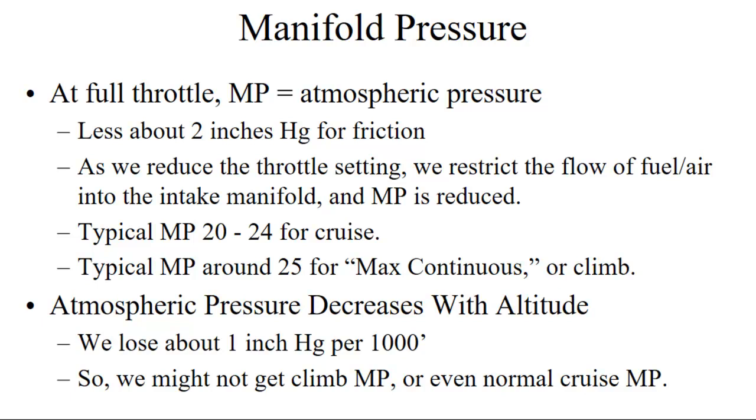For instance, if we went with this 25 inches of manifold pressure, then we're probably only going to get that up through about 3,000 or 4,000 feet, after which even full throttle won't give us 25 inches of manifold pressure anymore, and we'll just have to be satisfied with whatever manifold pressure we can get from there on.